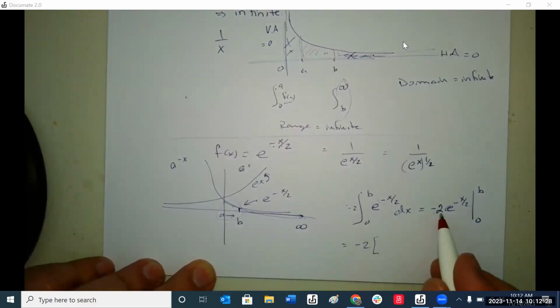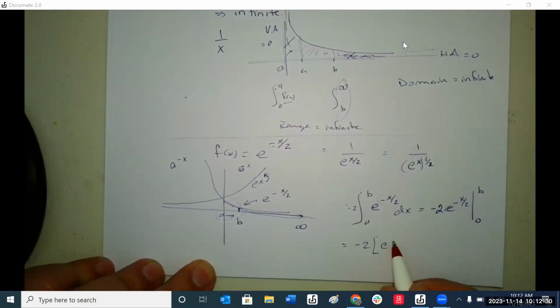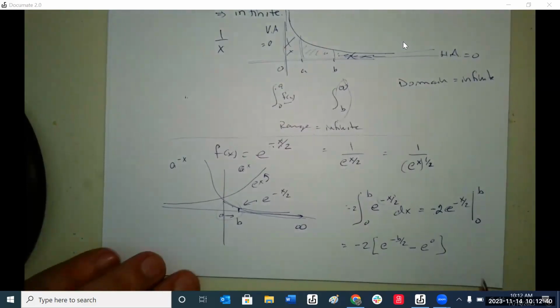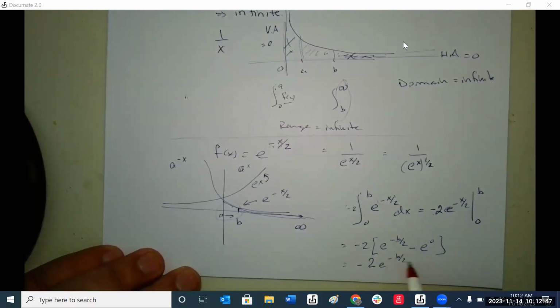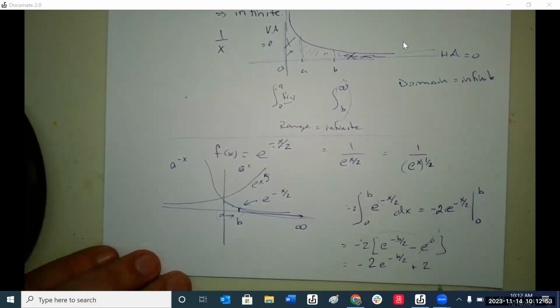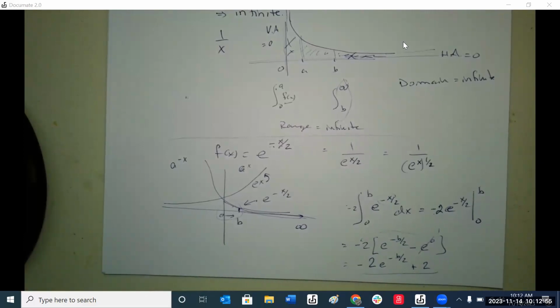Okay, so take the constant out. We have e to the power negative b over 2 minus e to the power 0, which is negative 2 e to the power negative b over 2 plus 2, because this becomes 1. So that's our integral.